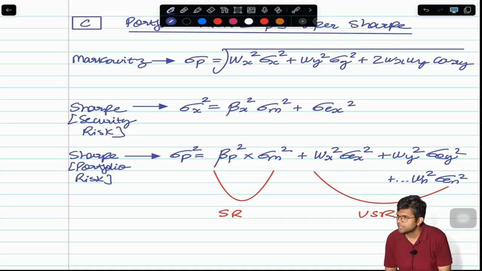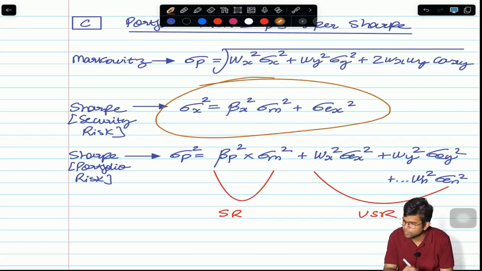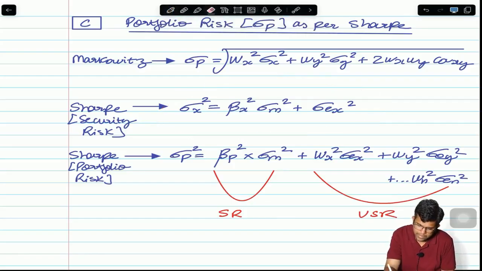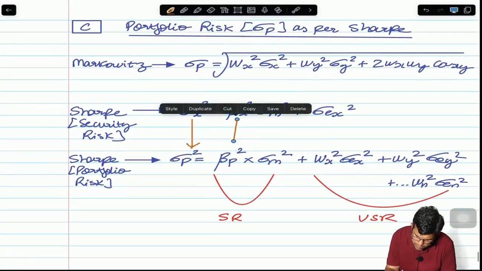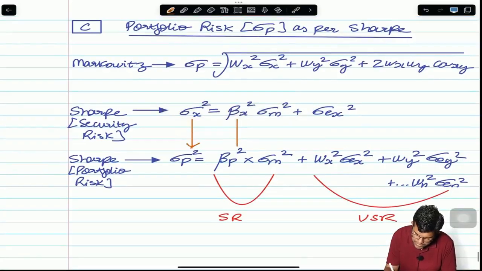Okay, students, I hope everyone remembers this formula. Just now we did, no? Systematic plus unsystematic risk. Can I say sigma x square becomes sigma p square? Beta x square becomes beta p square.